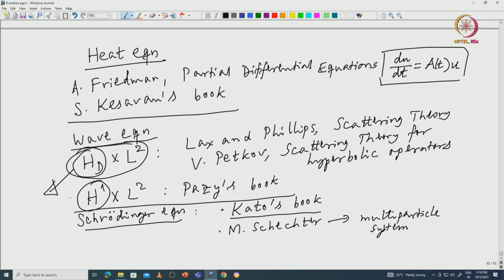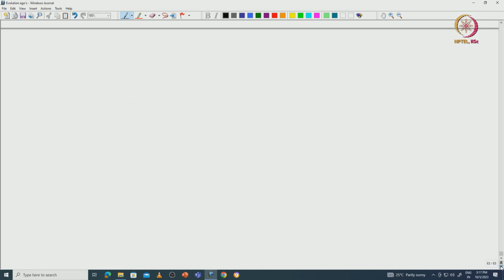So we need to analyze more about these two Hilbert spaces. With those remarks, let me continue with the Schrödinger equation with a potential.